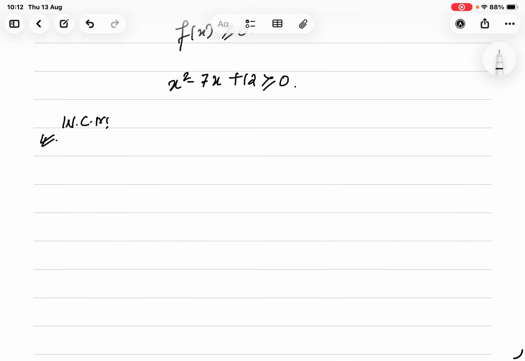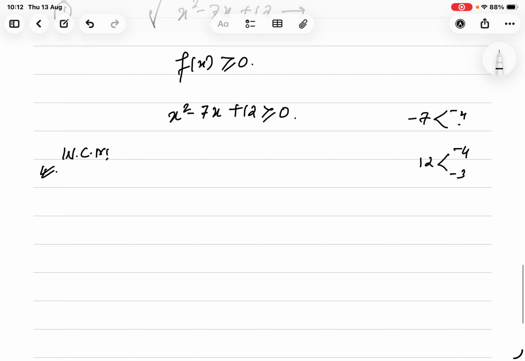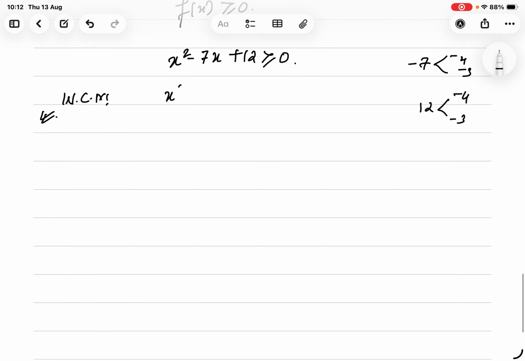Now minus 7 is the addition of the two numbers, and 12 is the multiplication of those two numbers, and those two numbers are nothing but minus 4 and minus 3. So now you can take x square minus 4x minus 3x plus 12 is greater than or equal to 0.